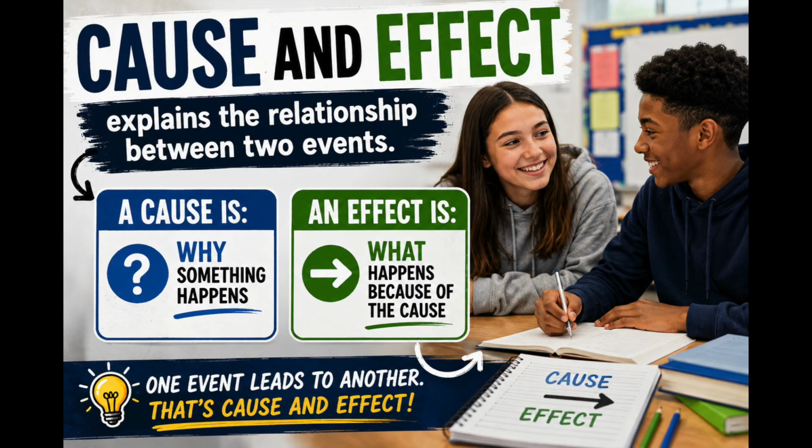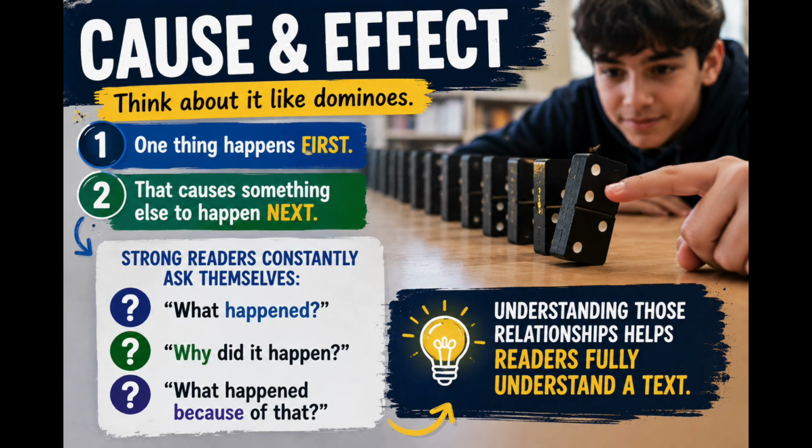It's like a chain reaction. Strong readers consistently ask themselves, what happened and why did it happen? And they even dive deeper to answer the question, what happened because of that? Understanding those relationships helps readers fully understand a text.